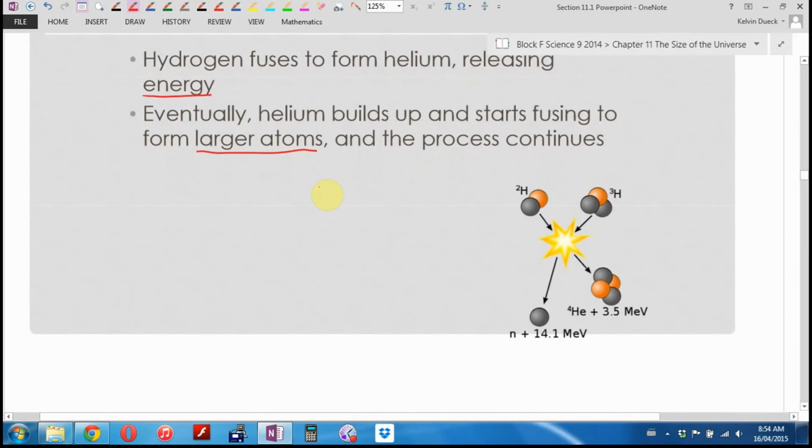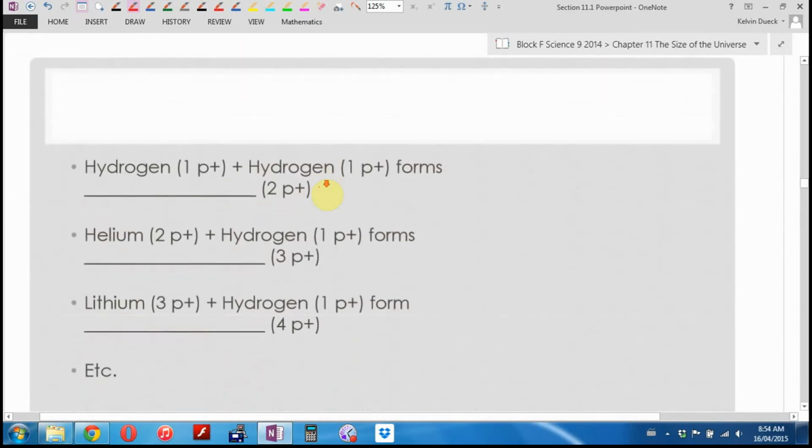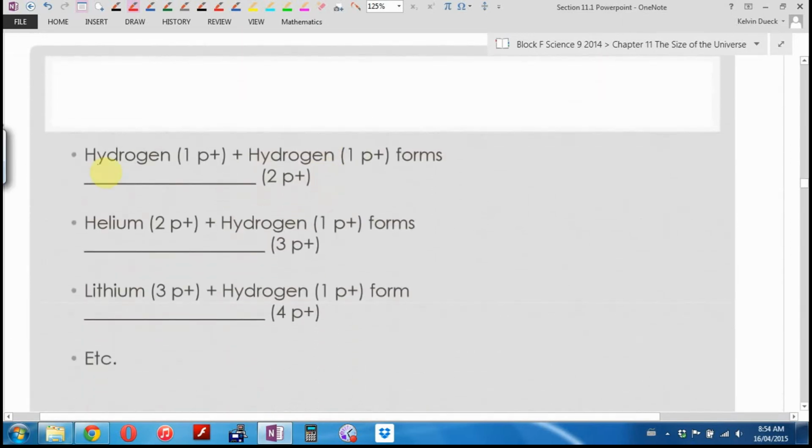So remember our periodic table? What was the first element? And if you're not sure, it's back there. So here's what's going on inside a star. It starts out with a hydrogen atom, which is one proton, and another hydrogen atom. If you squeeze, and we can do this in a lab, but we use a lot of energy to do it in a lab. Stars do it naturally.